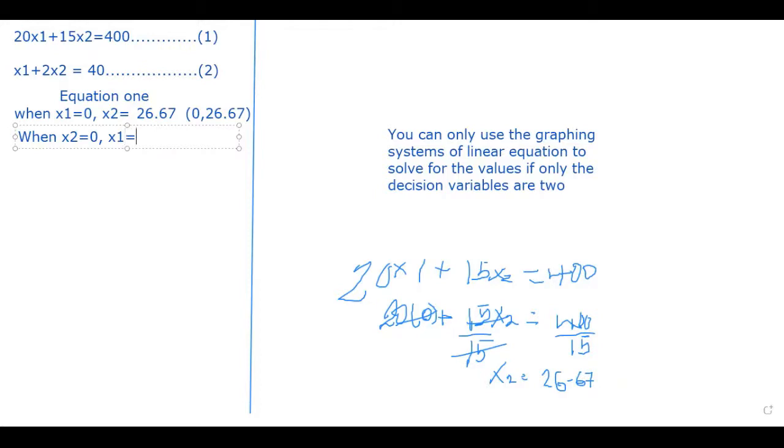So who can tell me the value of x1 using the method I used here? Yes. Okay. So let me work it fast. So we are representing s2 with 0 this time. So here we are having 20x1 plus 15x2, and s2 is 0 this time, right? It's equal to 400.